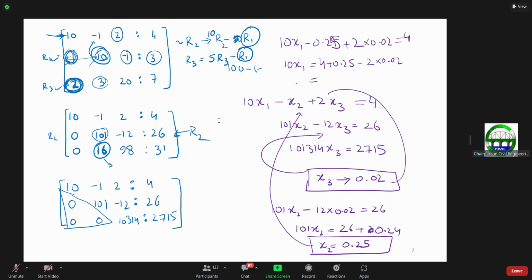So let me solve it. For x1 is equal to 4 plus 0.25 minus 2 into 0.02 divided by 10. Okay, so my answer will be 4 plus 0.25 minus 2 into 0.02, so it will be like 4, divided by 10 is equal to 0.421. So x1 will be 0.421.